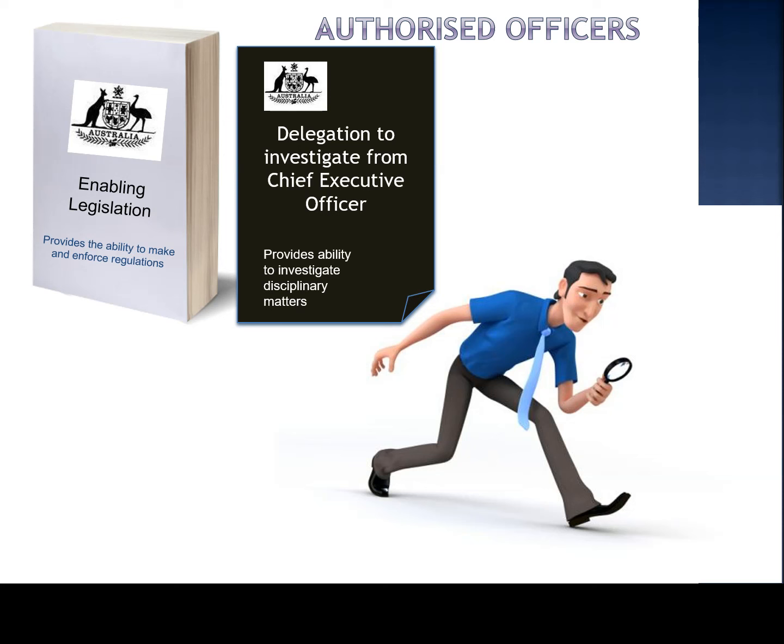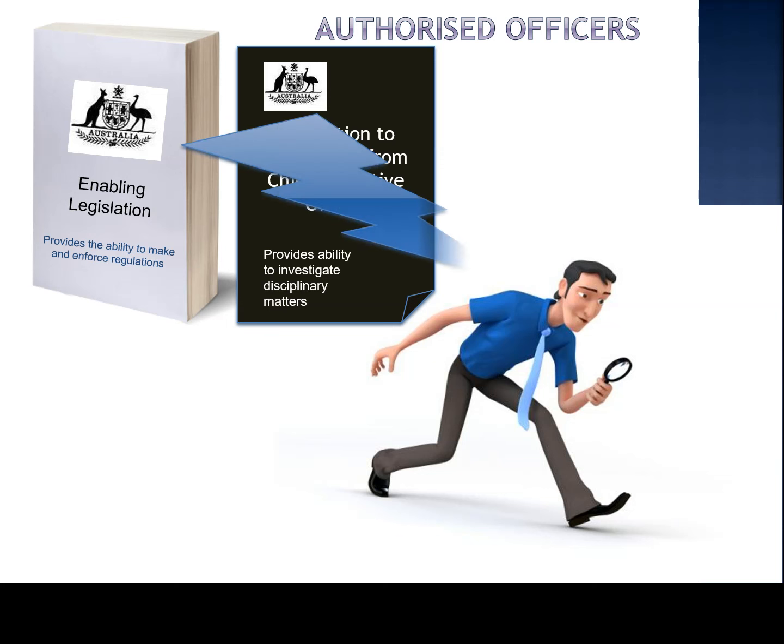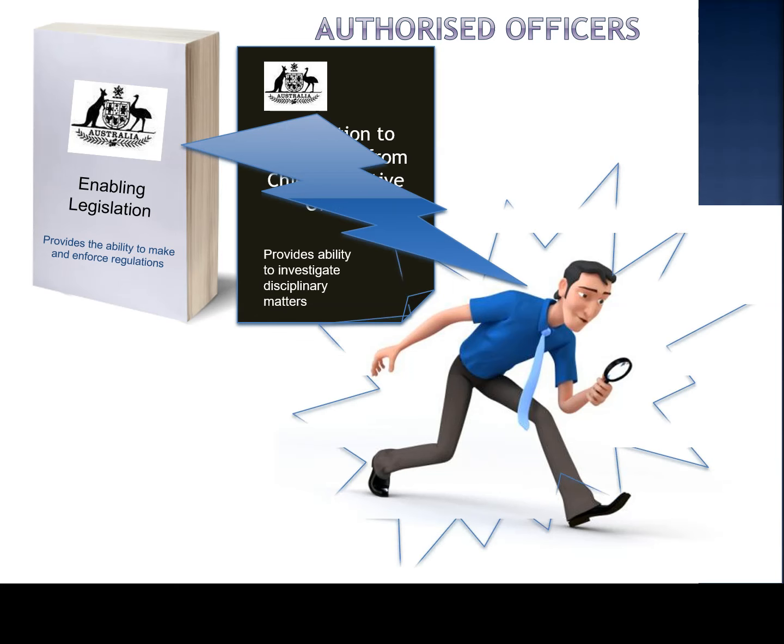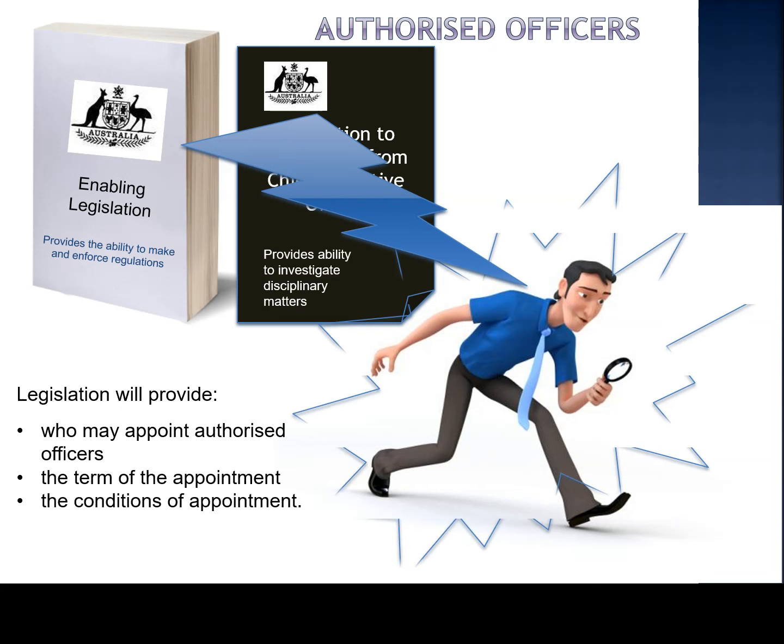Maybe there might be a section in your legislation which talks about particular conditions that can be put on the use of an authority, or how long an authority might last. So those sorts of things all come down to the ability to authorise a particular person with particular skills or knowledge or education, and the term of their appointment and any conditions of their appointment.